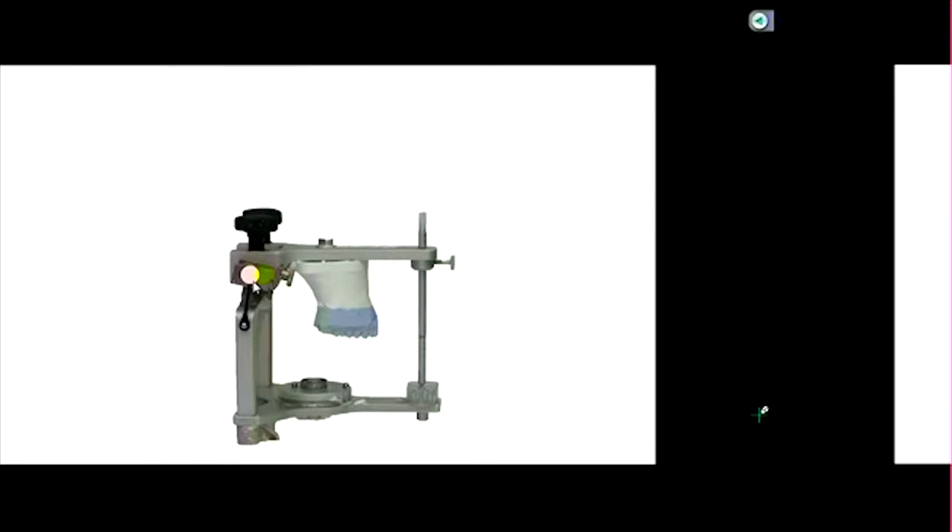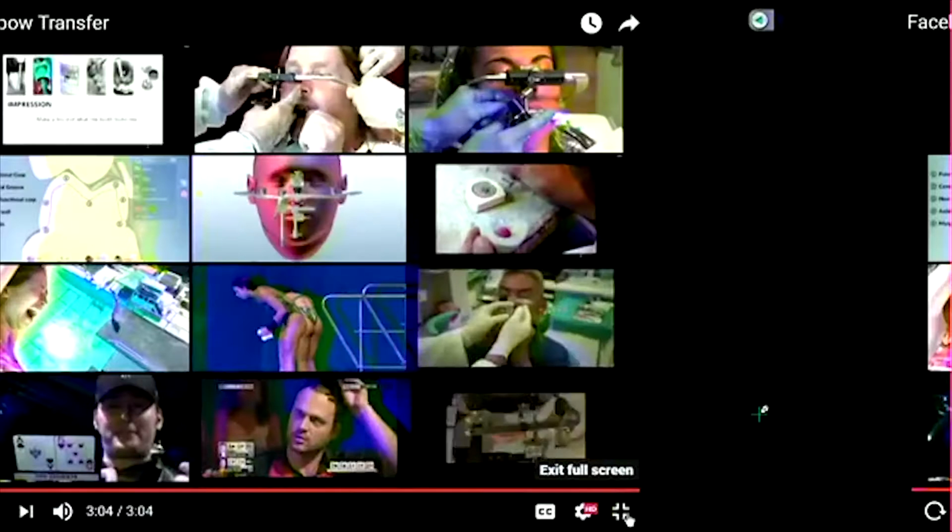On the articulator, we want to put the maxillary cast in the same position such that that red line is the same distance as it is in the mouth. So maybe what we'll do is first watch a little video on how to take a face bow, and then we'll talk a little bit more about all the information that it gives us.